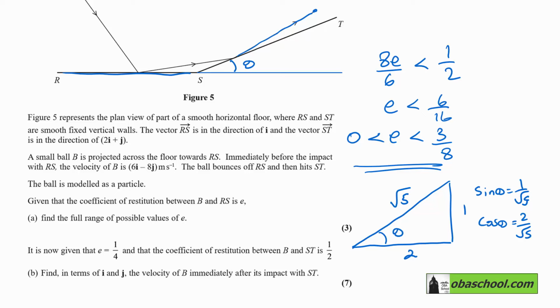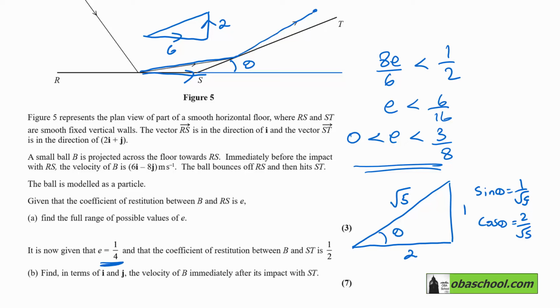Now, if we know that E was a quarter, we also can figure out this vector just here, because we now know that that component is 6. Let's just draw it here. So that is 6, and that's going to be a quarter of 8, which is 2. So that's our velocity vector going inwards.